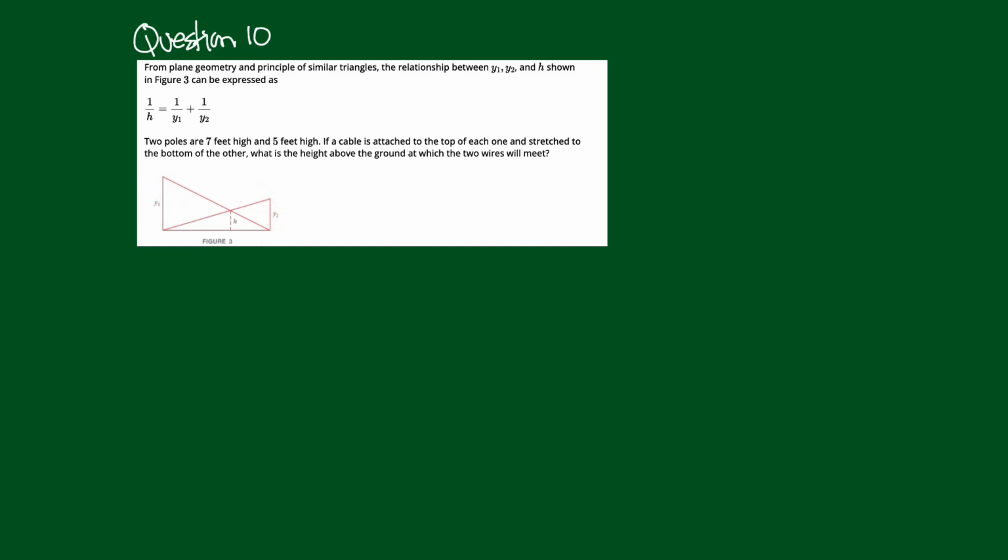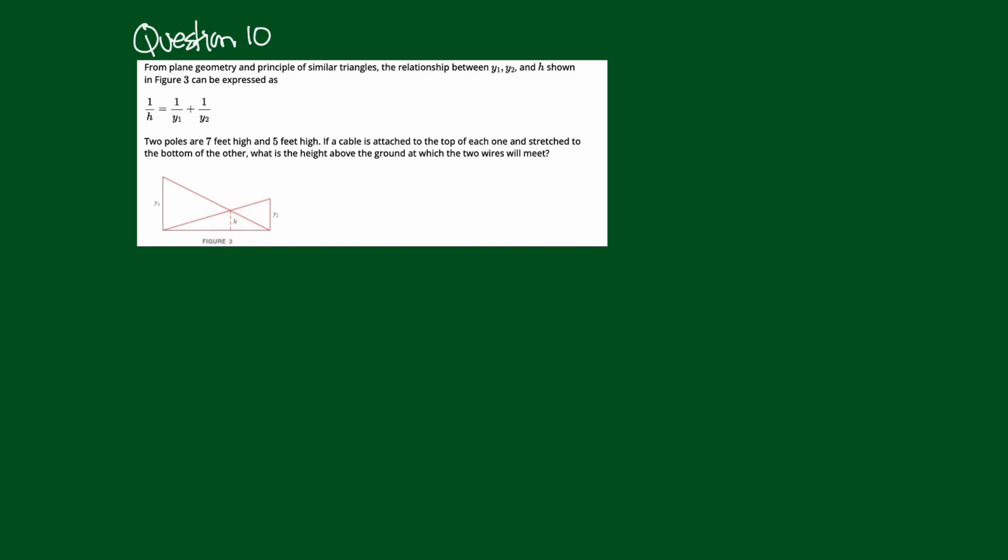And then what you do is you take a cable and attach it to this pole, and stretch it all the way down to the bottom of the other pole. Then you put a cable on top of this one and stretch it all the way down to the bottom of the first pole. Now, this is the height, right? Where those two cables meet, that's going to be the height.